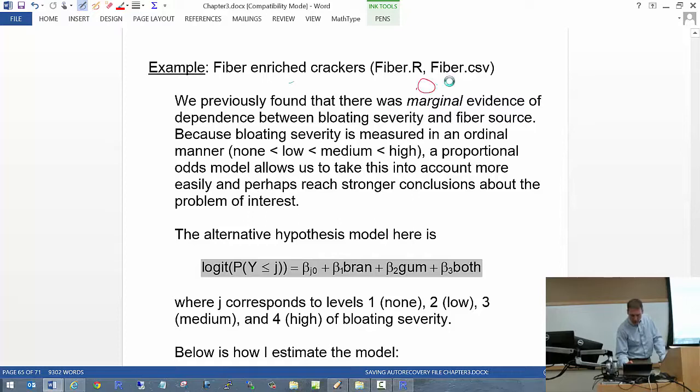We said 0.026 was the p-value before. Okay, let's look at what happens with this proportional odds regression model. It makes sense to use these kinds of models here because we do have an ordinal categorical response: none, low, medium, and high for the amount of loading.